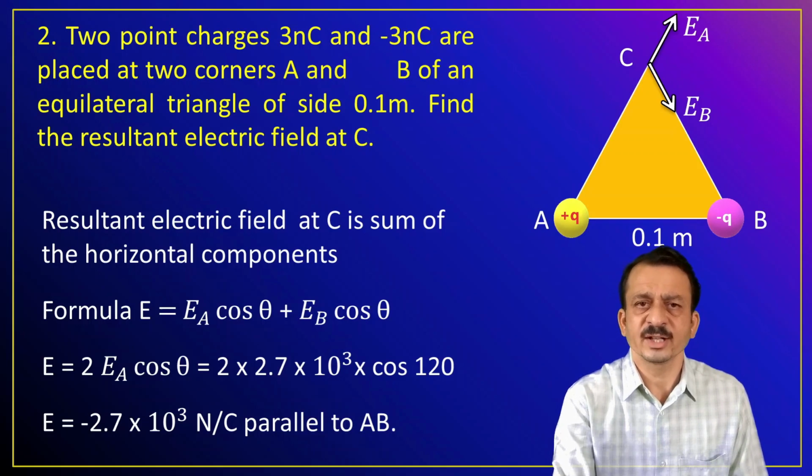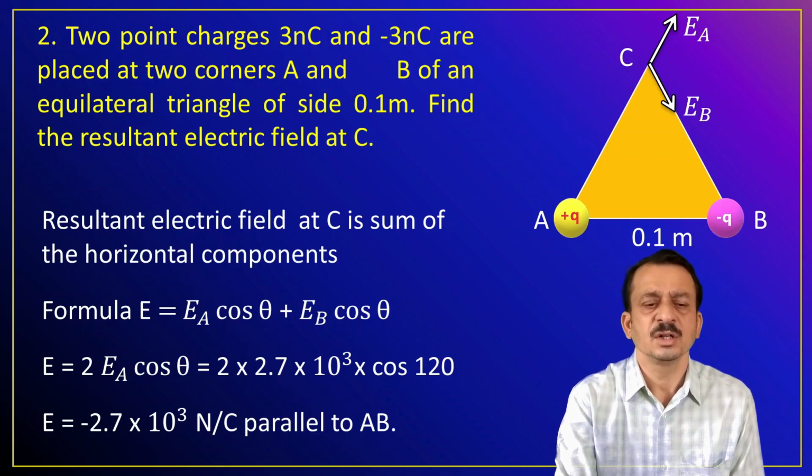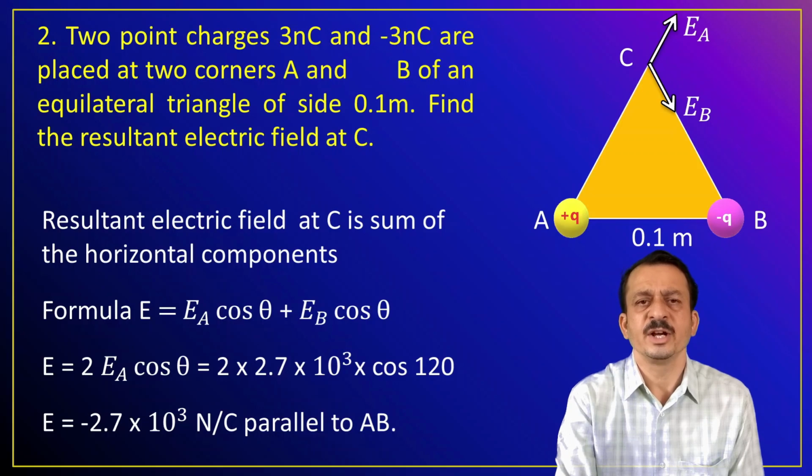If you take the magnitude, it is 2.7 into 10 to the power of 3. The negative sign indicates the direction. Since it is minus, it should be in the opposite direction to the dipole moment of this dipole. Here in this problem, at A and B we have two equal and opposite charges.